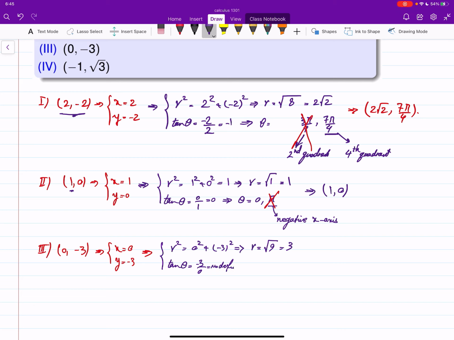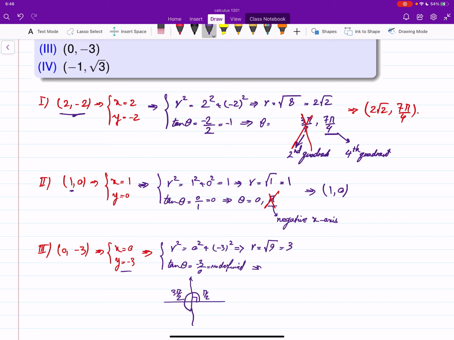But when it comes to the angles, you see that on the y-axis, any point on the y-axis will give you the same situation. So it is either the angle is pi over 2 or 3 pi over 2. So from this, theta is either pi over 2 or 3 pi over 2.